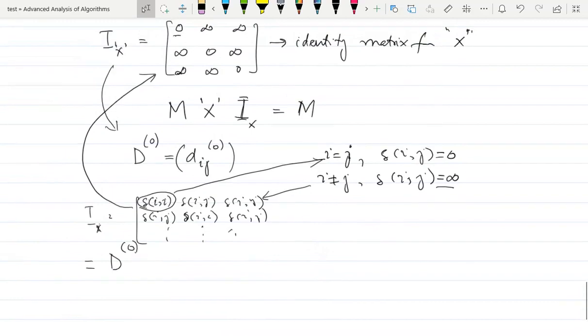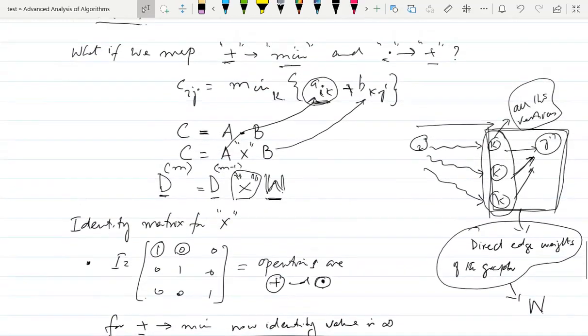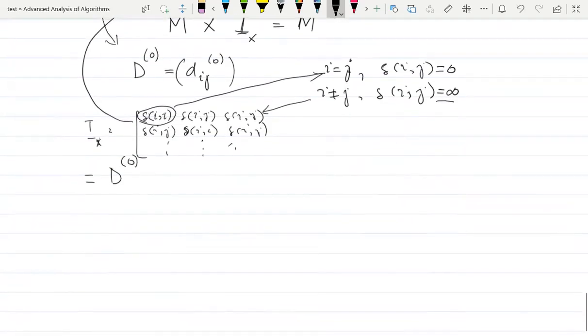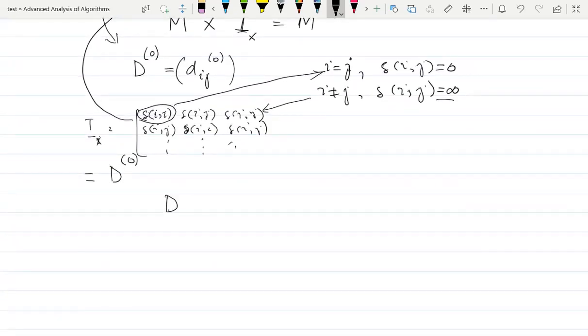So by looking at this expression again, I can say that d of 1 is equal to d of m minus 1, which is 0, with a new multiplication of w. Okay, so this is your identity.